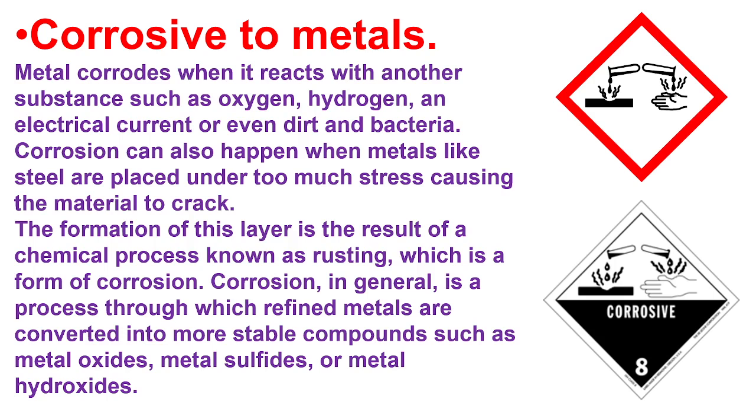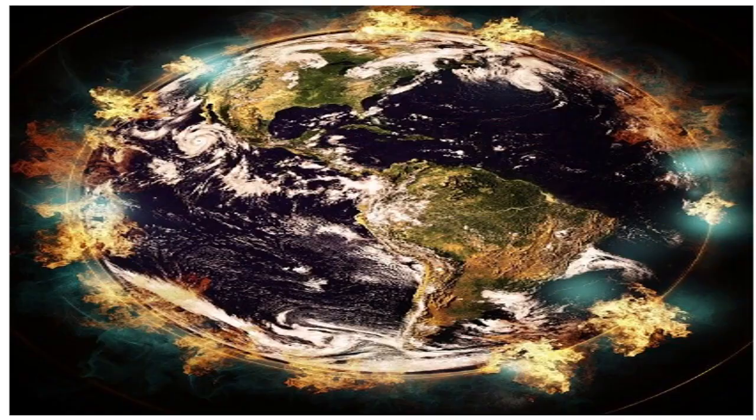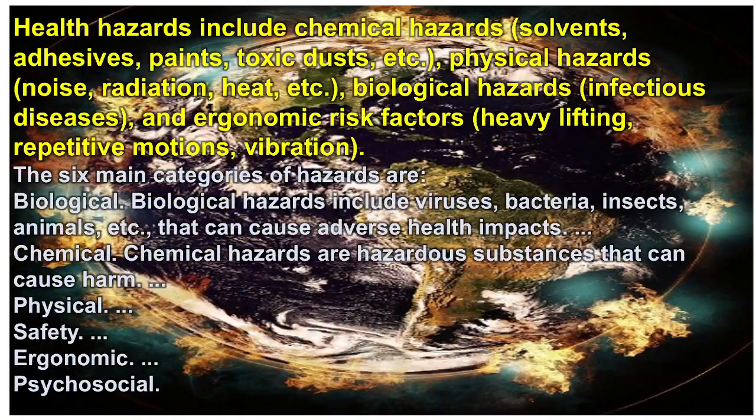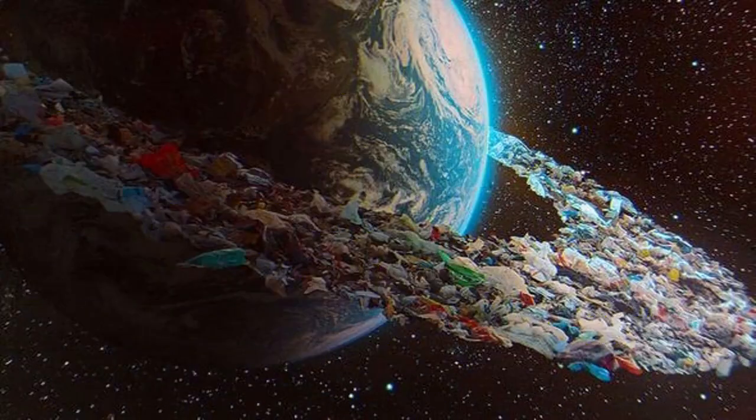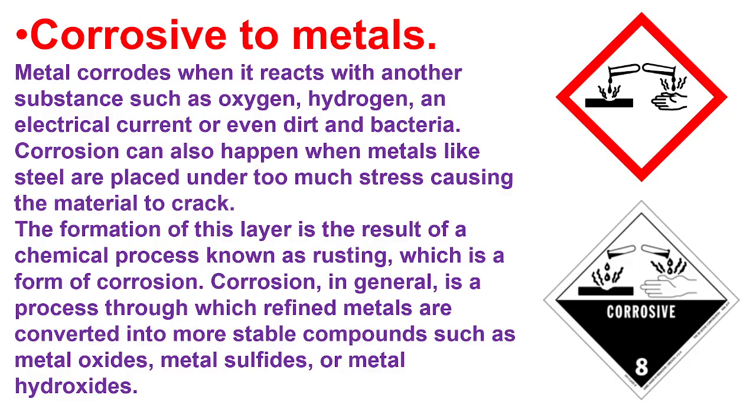The formation of this layer is the result of a chemical process known as rusting, which is a form of corrosion. Corrosion, in general, is a process through which refined metals are converted into more stable compounds such as metal oxides, metal sulfides, or metal hydroxides.